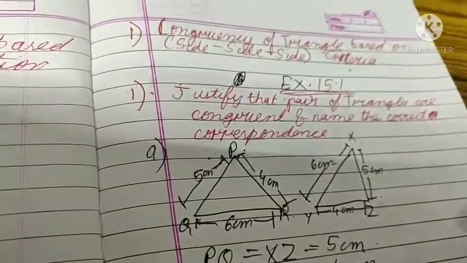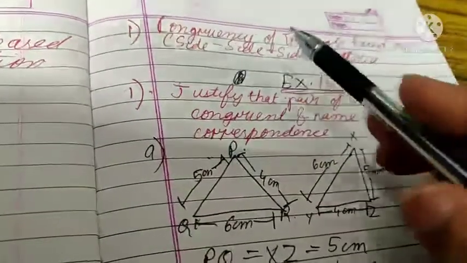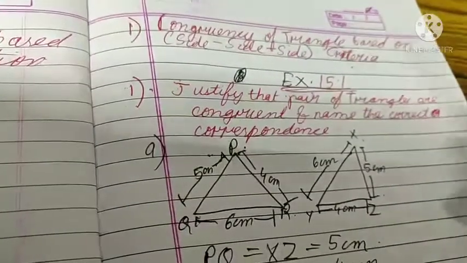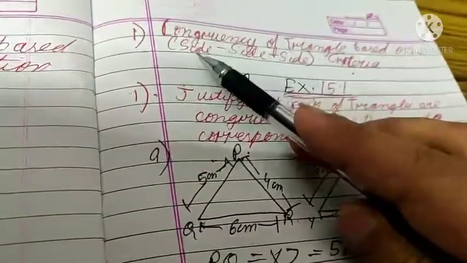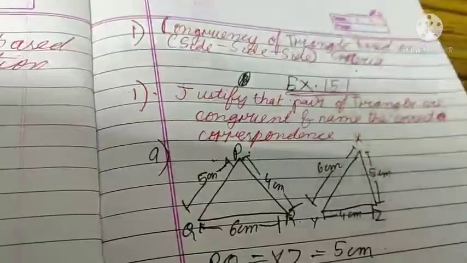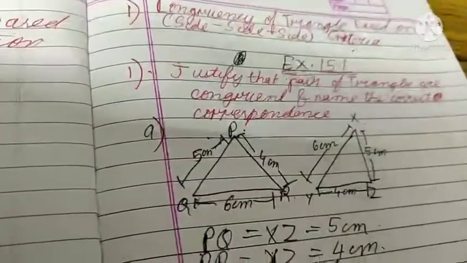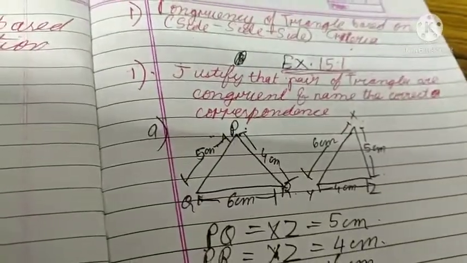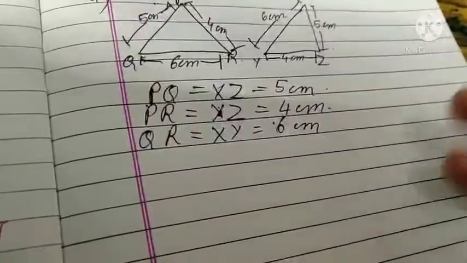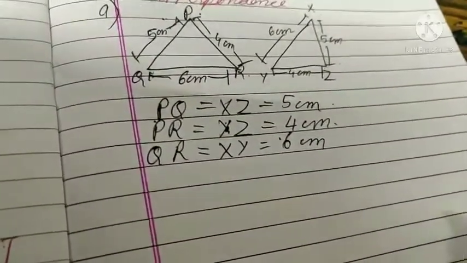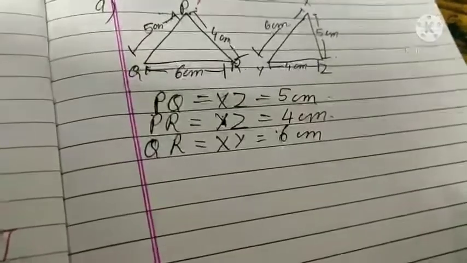In those criterias you have to prove 3 things to be equal. Okay, all the 3 sides of the triangle should be equal. Look here, all the 3 sides of the triangles are equal. This means both the triangles are congruent.